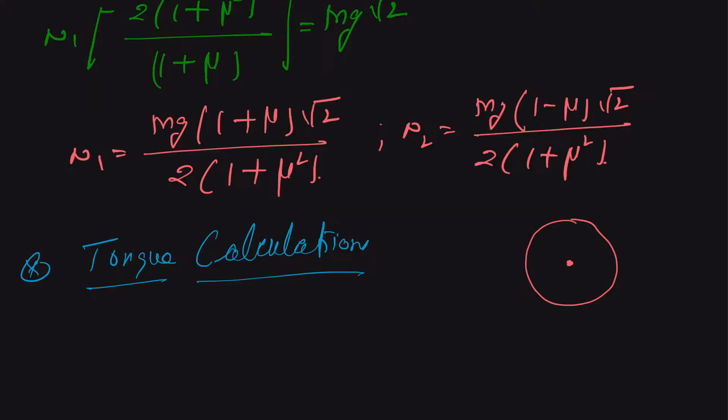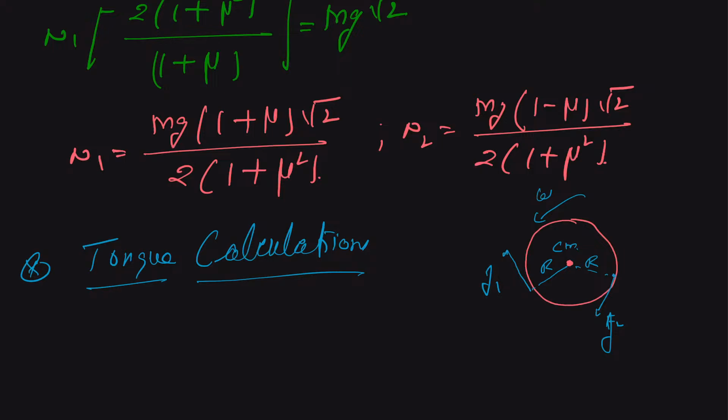So we have the center, and here we have F1 and F2, and each of these forces is at a distance of r from the center of mass, or axis of rotation. This is our omega. Both the frictional forces are in the same direction.